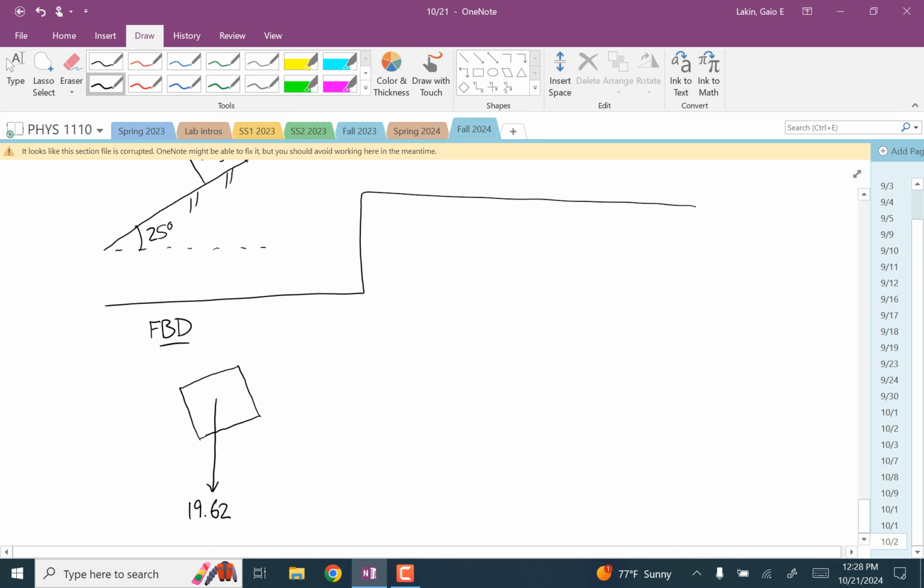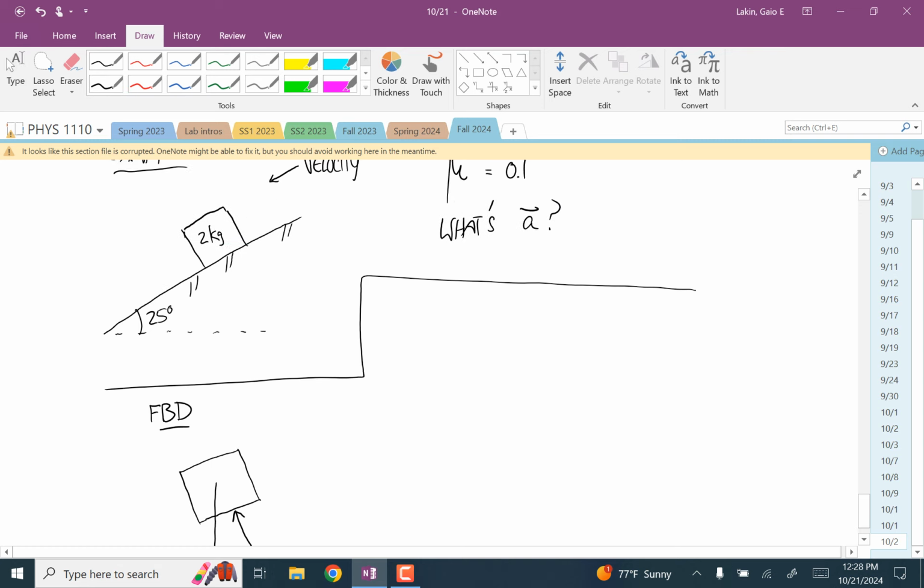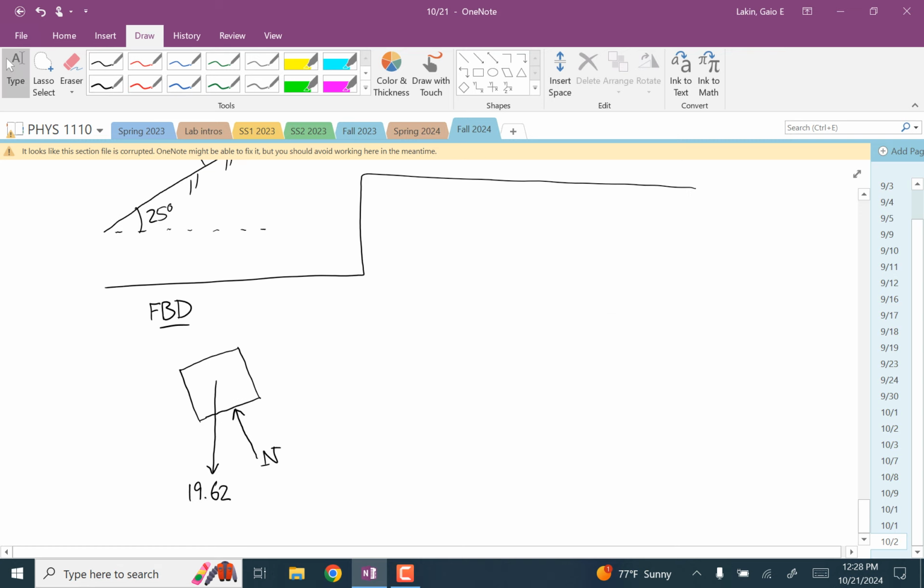There's a pushing contact from the ground. And then there's a friction force in the opposite direction of the velocity. So this way. And that friction force is the coefficient times whatever that normal force is going to end up being. Any questions about that? Okay, so here's the coordinate system.